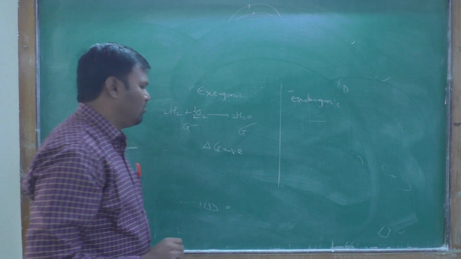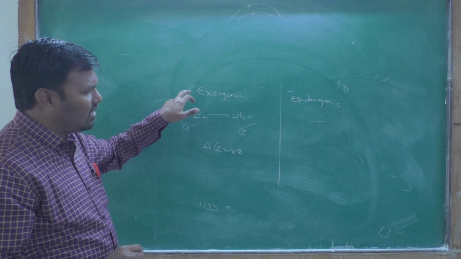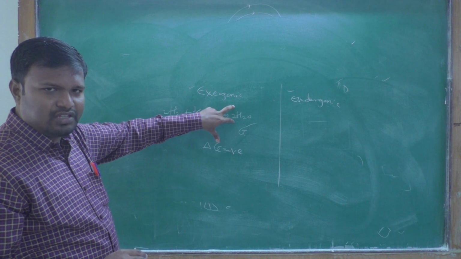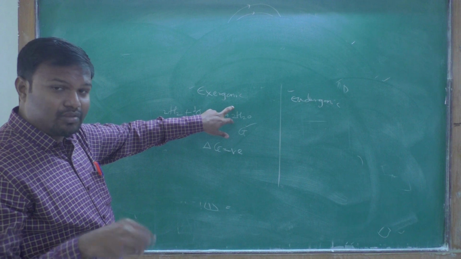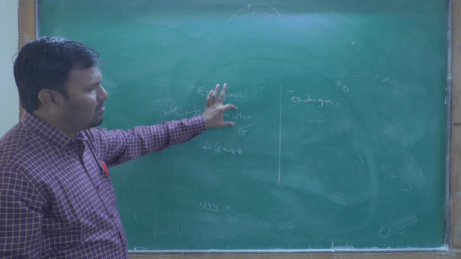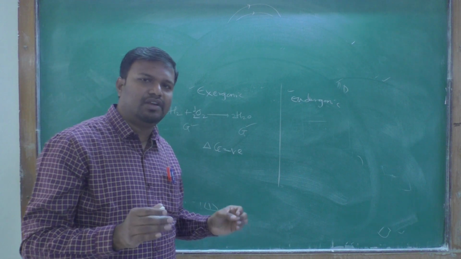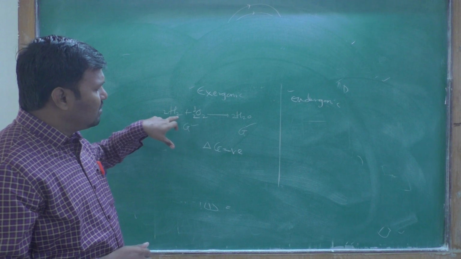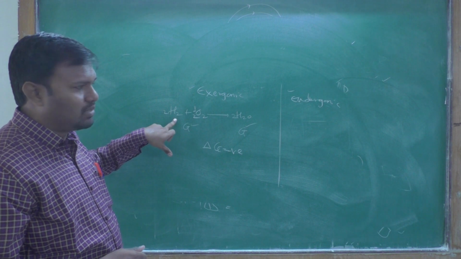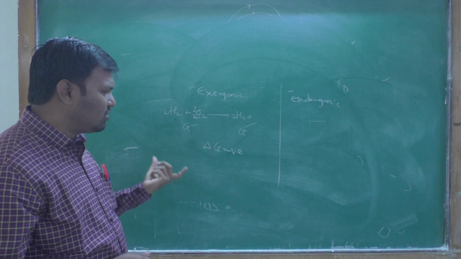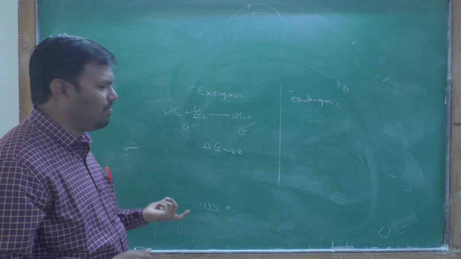If delta G is negative, it is called an exergonic process. In an exergonic process, the product obtained is thermodynamically more stable than the reactant. Thermodynamically stable means the product has higher stability than the reactant. In an exergonic process delta G should be negative.